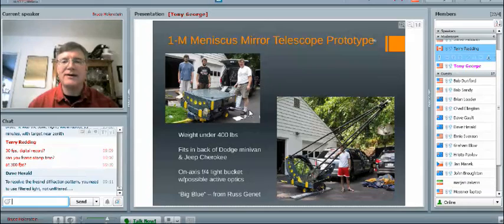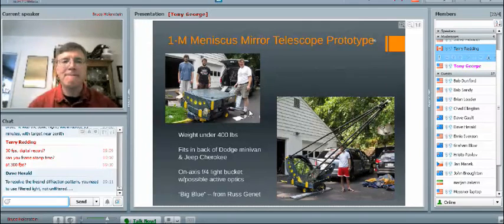My son drove it from California back east to Philadelphia area in the back of our minivan. And so it really shows just how portable a 1 meter telescope can be. It's able to be set up in under 30 minutes, and that includes alignment as well.